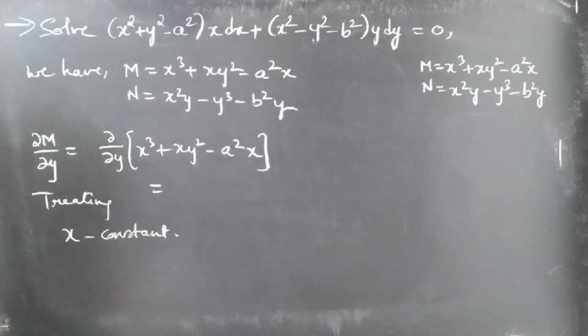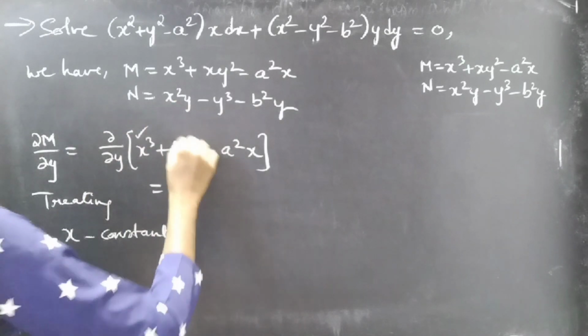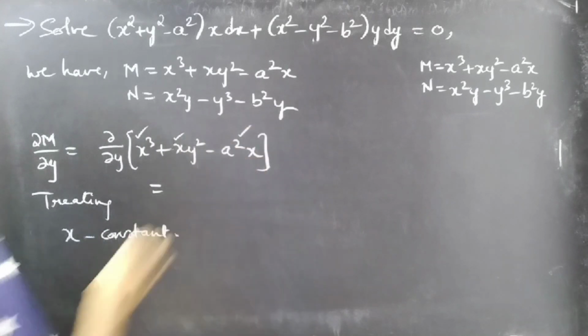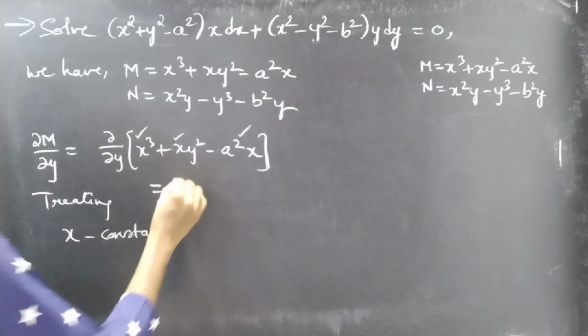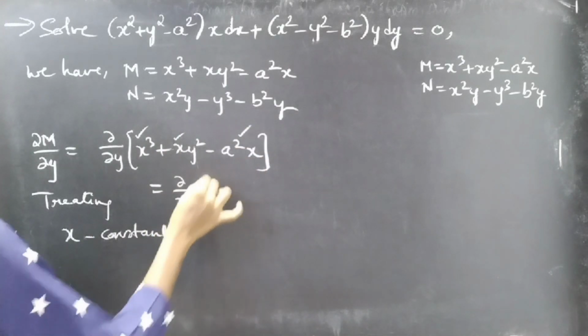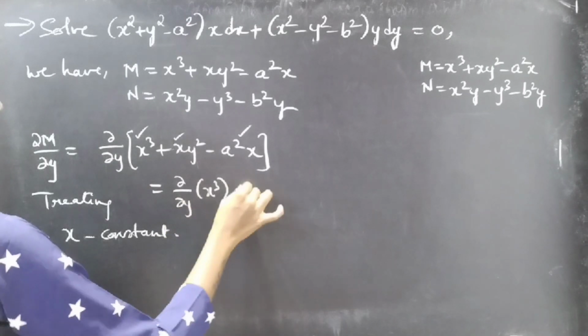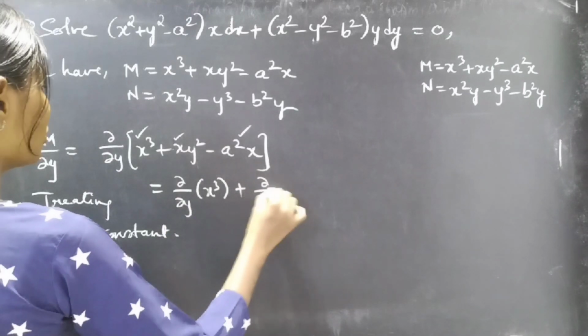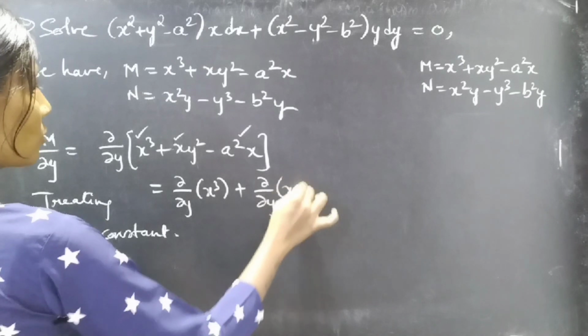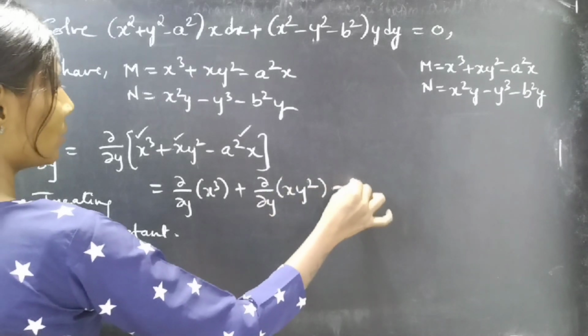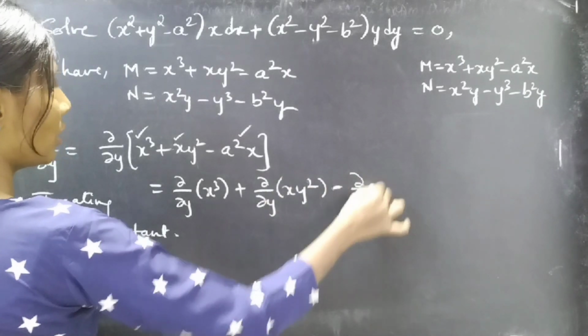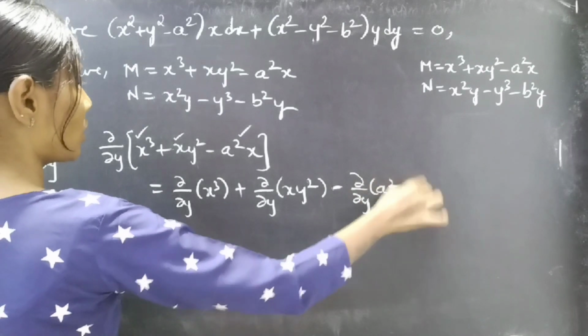Since it is a partial derivative with respect to y, x will be constant. Here x³ and a²x are constants. So we can write this as ∂/∂y of x³ plus ∂/∂y of xy² minus ∂/∂y of a²x.